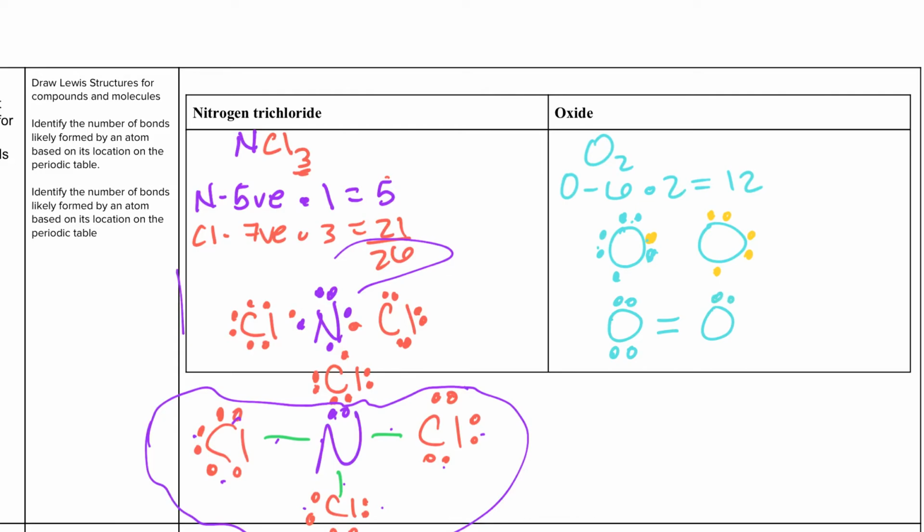So in our new structure where we put a double bond in, we had 2, 4, 6, 8, 10, 12. We've accounted for all of the electrons. But also each oxygen has 8 valence electrons around it. So it's met the octet rule, and we've accounted for all of the electrons.